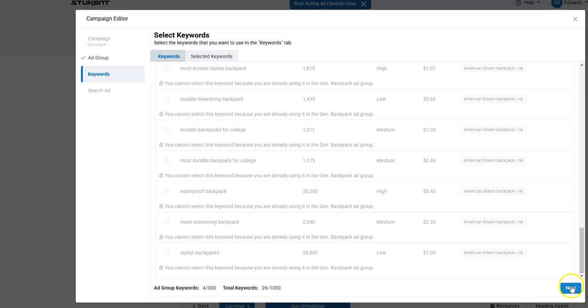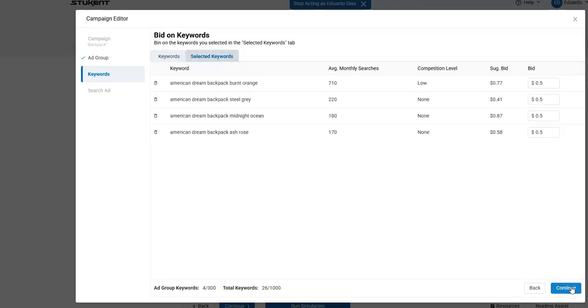All right. So now that we started that, and then for the bids, you can see here, competition level's low. There's not going to be a lot of searchers for these, so it's not going to be a big change, but it's good to make sure you have it in there. So again, my rule of thumb is roughly 10%. So I'll call this 8 cents.